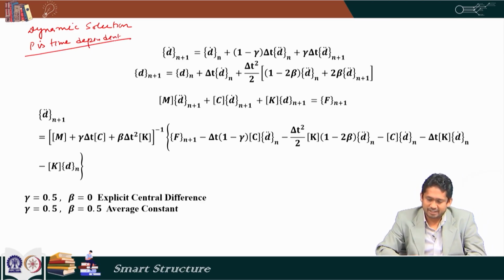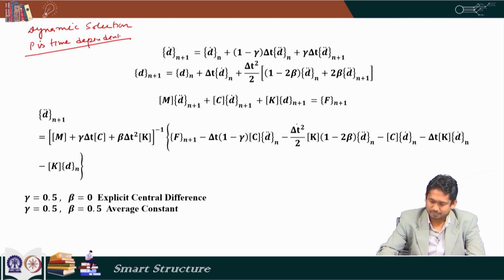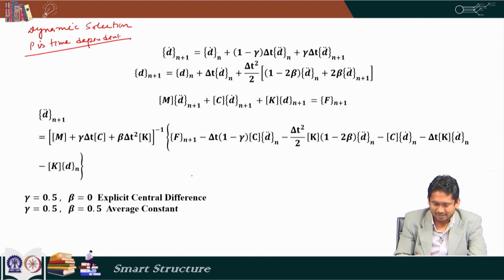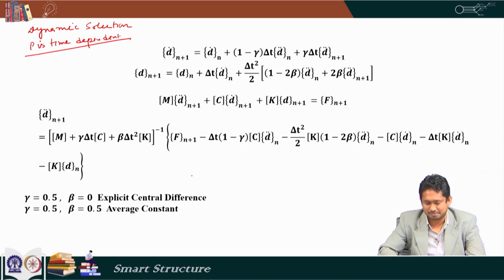Now, for dynamic solution we already discussed the various algorithms to do the time marching. One of them was the Beta-Newmark method. We did this discussion in week 5. So, here in the Beta-Newmark scheme it goes like this: at every time step n plus 1 we know the quantities at the previous time step.